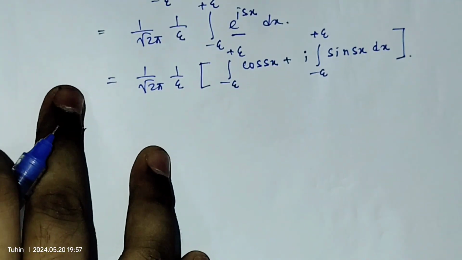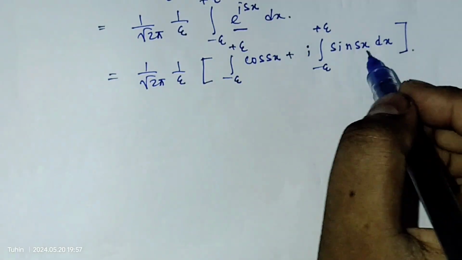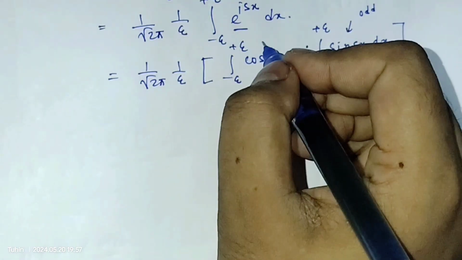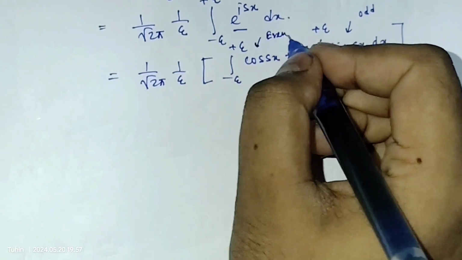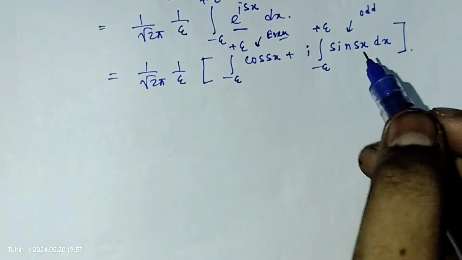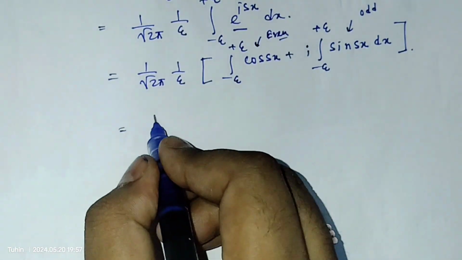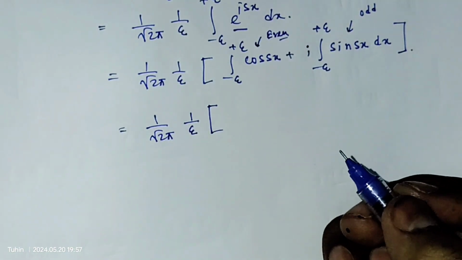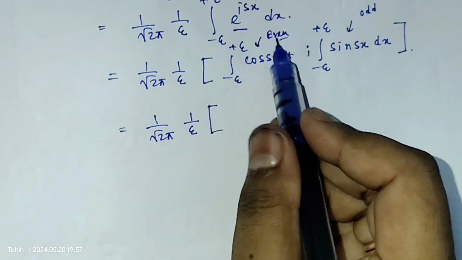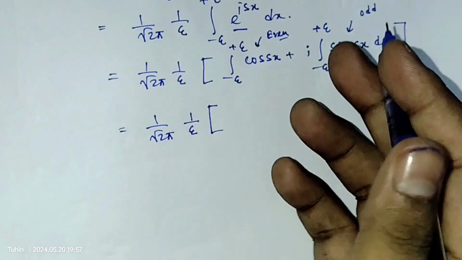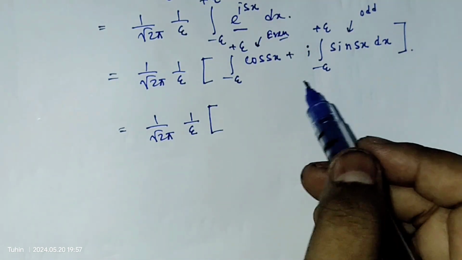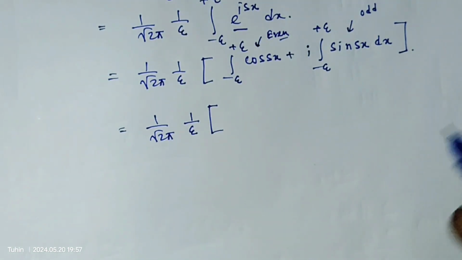Now you can see that the sine term is an odd function, so its integral value will be 0, and the cosine term is an even function. So I need to do the integration of this term only. So 1 by root 2 pi, 1 by epsilon, and as this is an even function, I can change the limit to 0 to epsilon and multiply by 2.